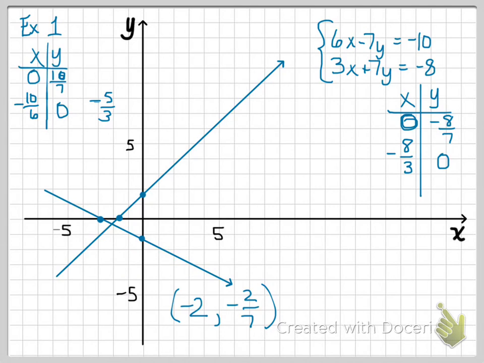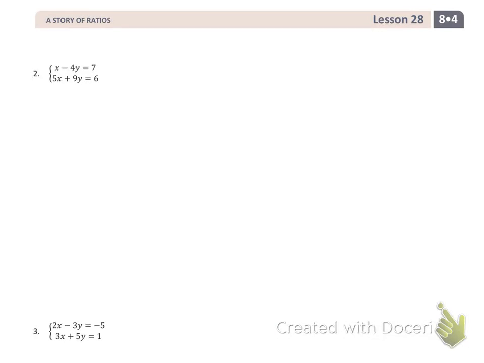Okay, let's check exercise 2. All right, so for exercise 2, I went ahead and multiplied the first equation by negative 5 so that I could eliminate the x variable. So negative 5, like that.